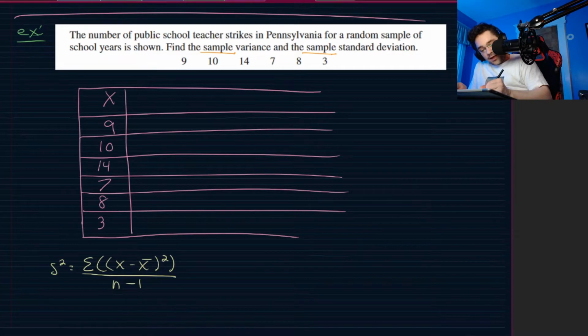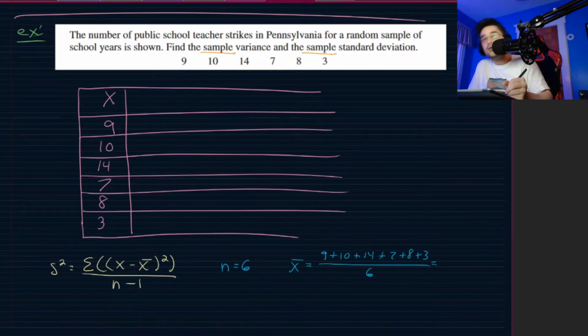Okay, well, n is 6 in this case, right, 6 data values. We know n. And what's x bar going to be? It's the average of all the data values, so we've got to add these all up and divide by the number of them, which is 6. 9 plus 10 plus 14 plus 7, 8, and 3 over 6, which is 8.5.